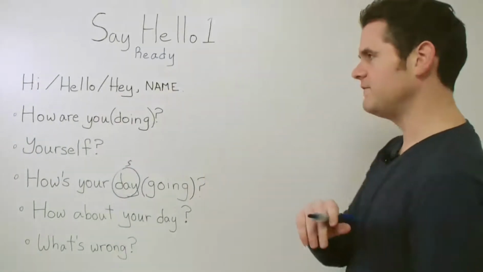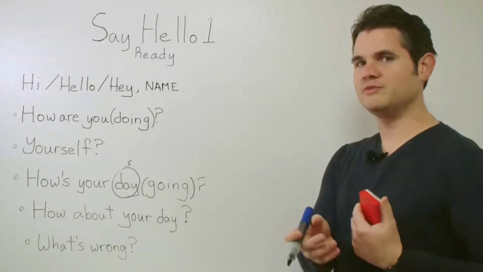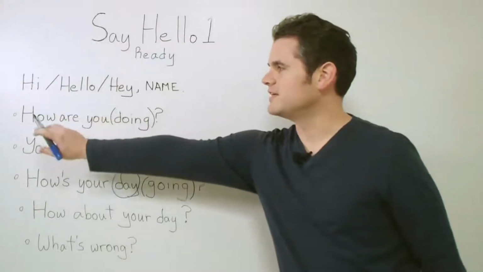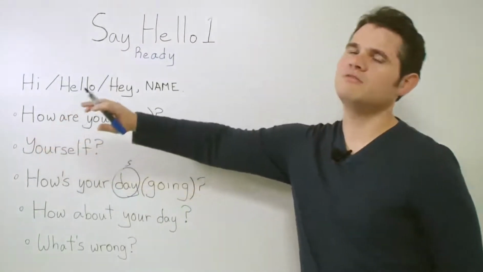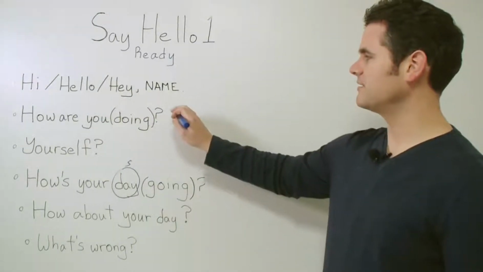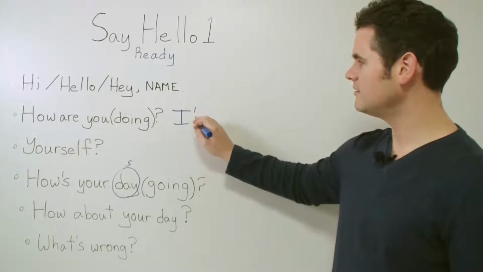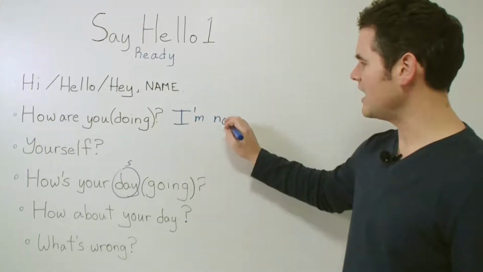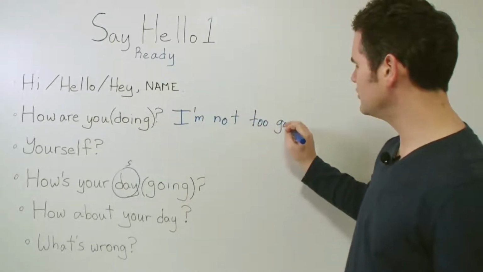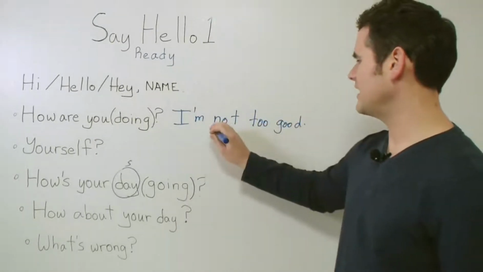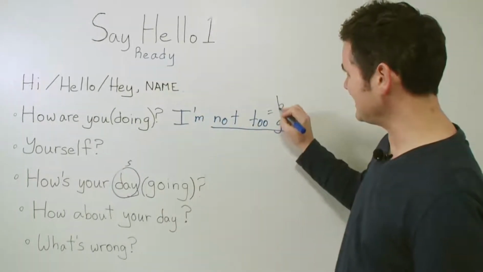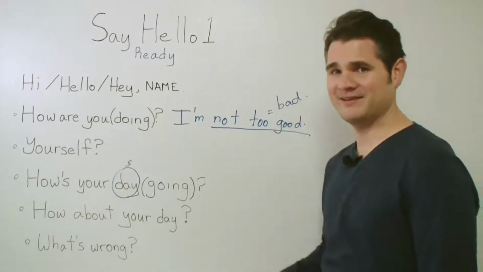Now, next what we're going to focus on is replying to negative replies. Now, when you come up to a person and you ask them, how are you doing? They may answer something like this: I'm not too good. I'm not too good, which pretty much means bad.